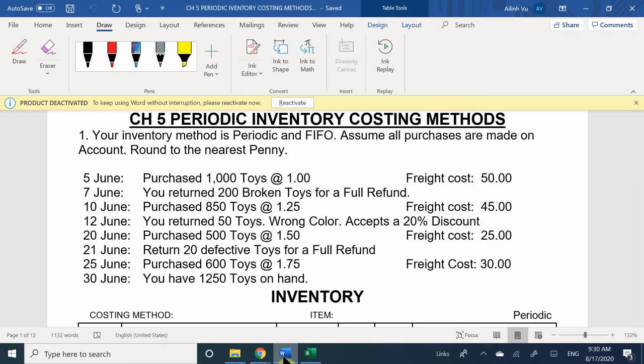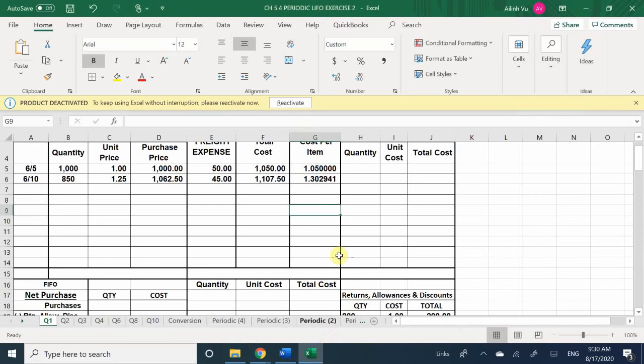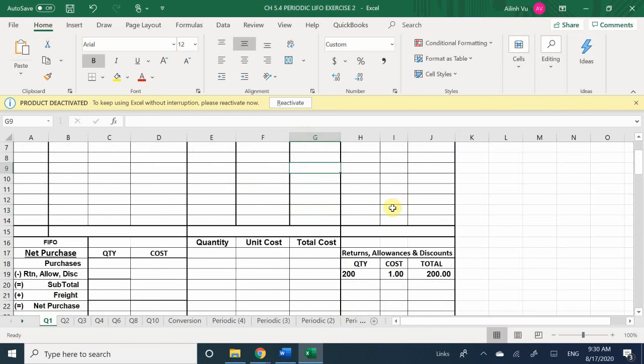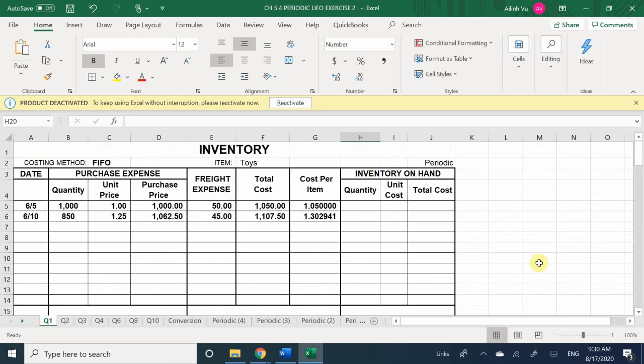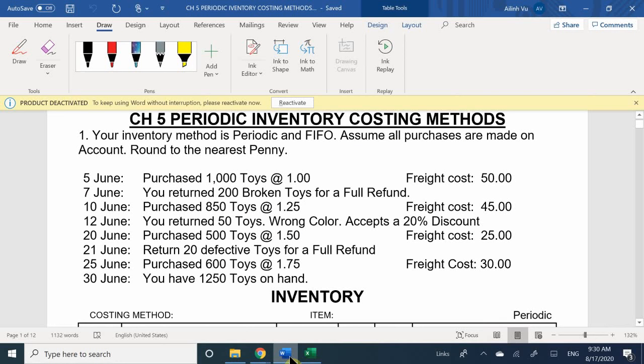So, how do we determine this? Do you take the inventory of 850 toys? Wait, how many were returned? 50. So you take the 50 times the 20%.